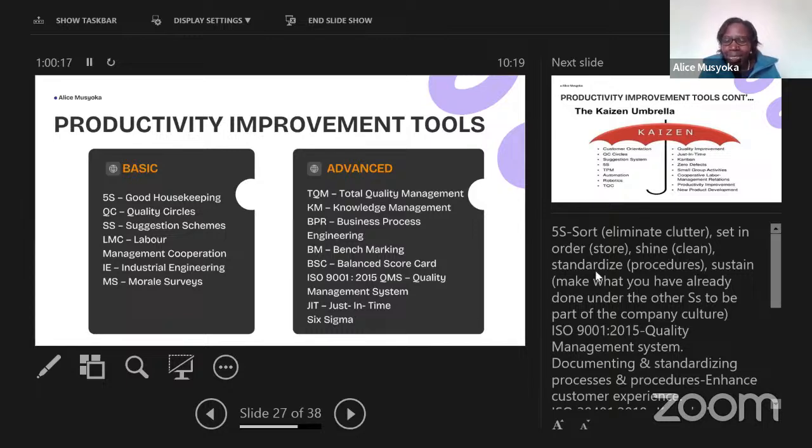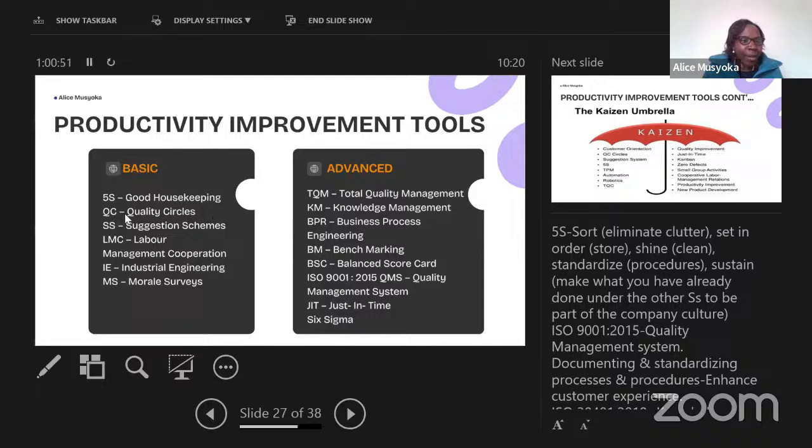The fourth one is standardize, meaning you standardize the procedures that you have taken under the first and second S. And then we come to sustain, which is the fifth one, which means making what you have already done under the other S's to be part of the company culture. You sustain it as a culture. So that is what 5S means.